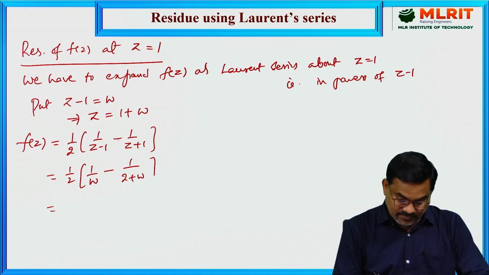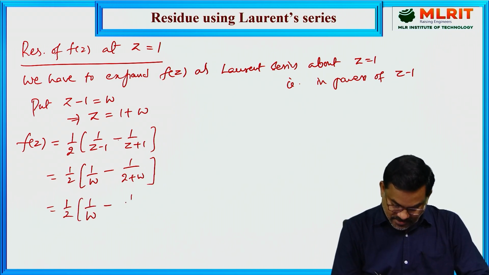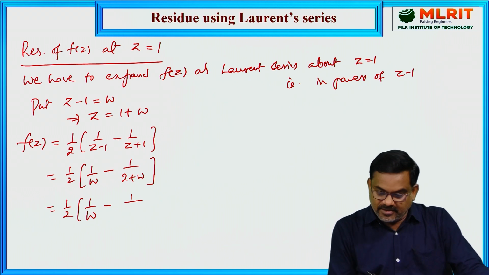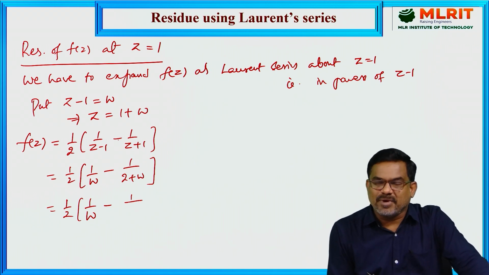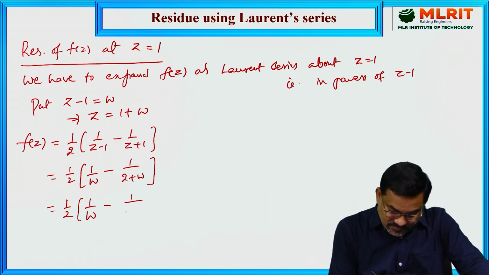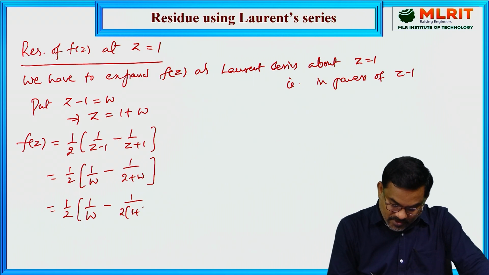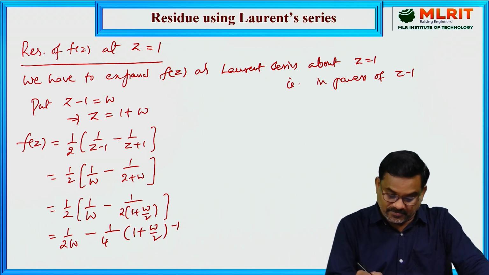So this is half into 1 by w minus 1 by 2 plus w. Here we need z minus 1 powers, so I will take 2 common: 1 plus w by 2. So 1 by 2w minus 1 by 4 into 1 plus w by 2 to the power minus 1.